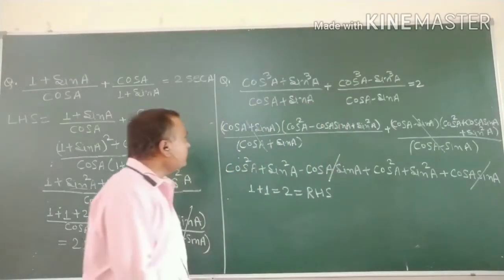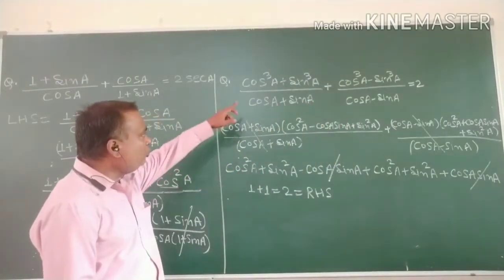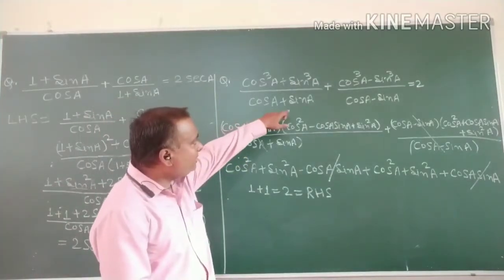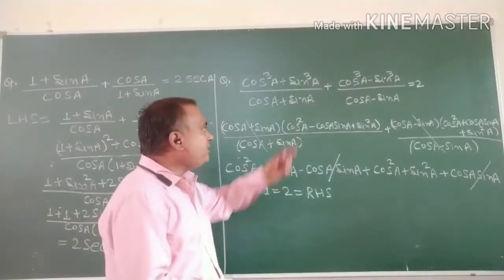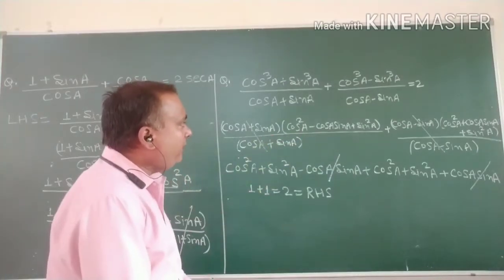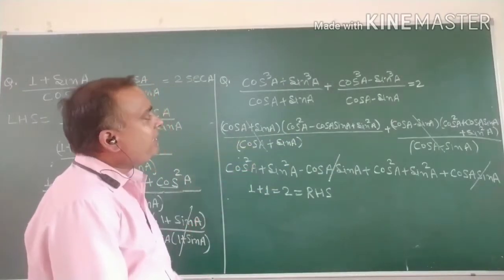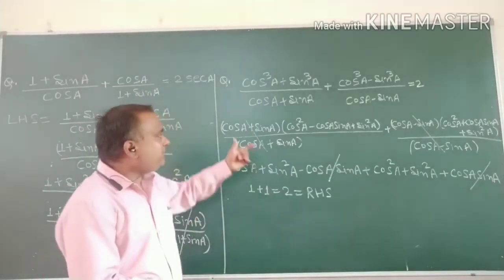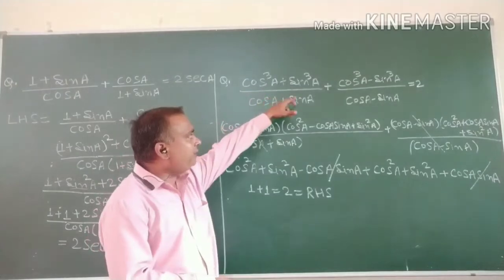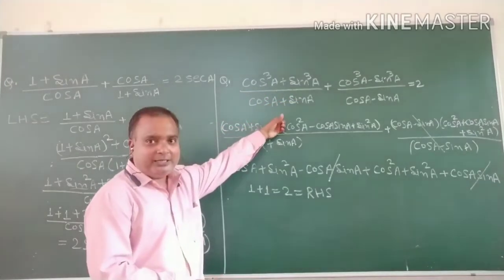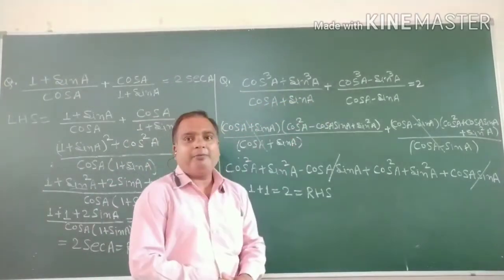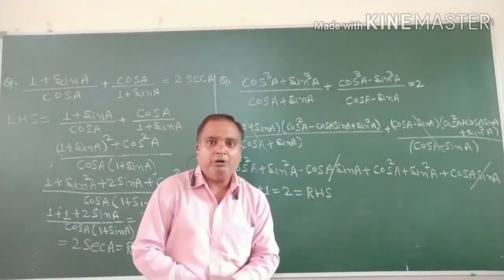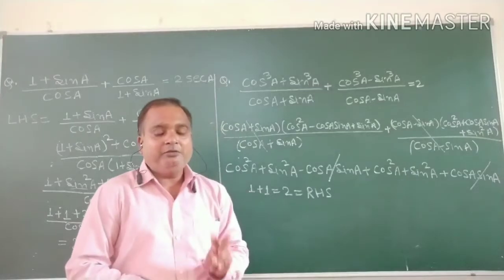Now next question. Prove that (cos cube A plus sin cube A) upon (cos A plus sin A) plus (cos cube A minus sin cube A) upon (cos A minus sin A) equal to 2. So again we take the LHS. Now in algebraic identities we know the identities of a cube plus b cube and a cube minus b cube.